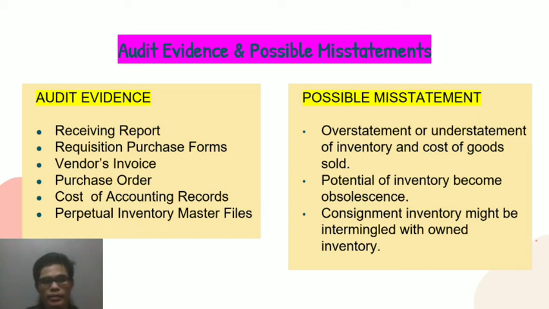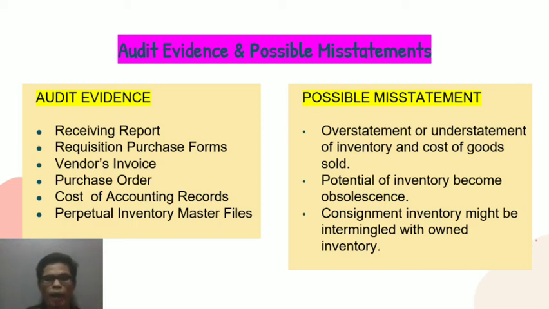For audit evidence, the first one is receiving report, second is requisition purchase form, the third is vendor invoice, the fourth is purchase order and cost of accounting record, and the last one is perpetual inventory master file. They are for management assertion of existence.